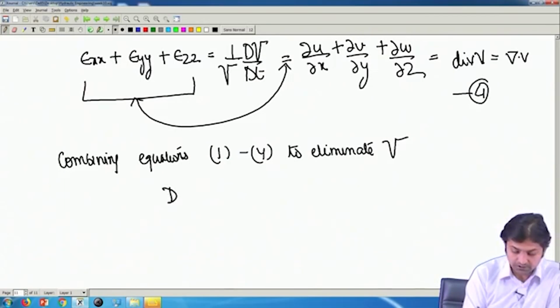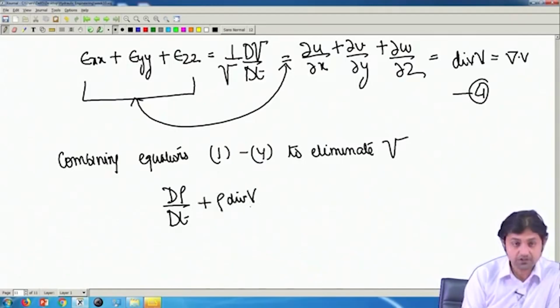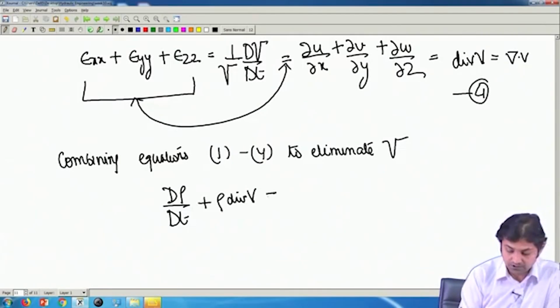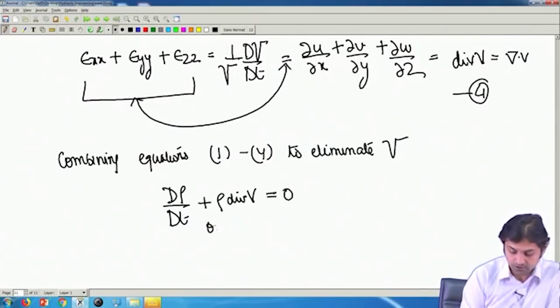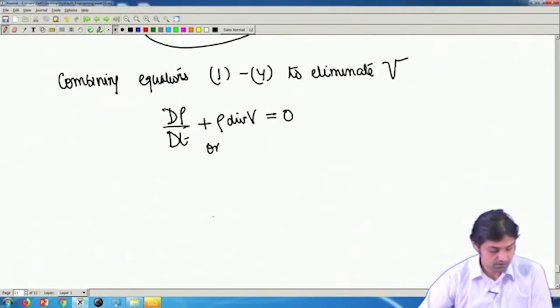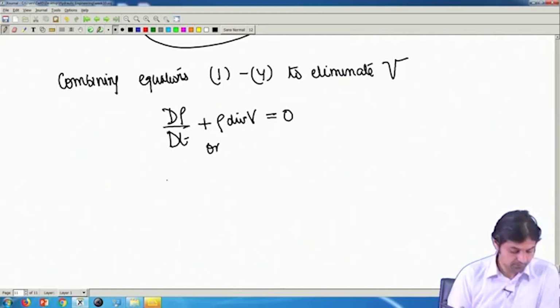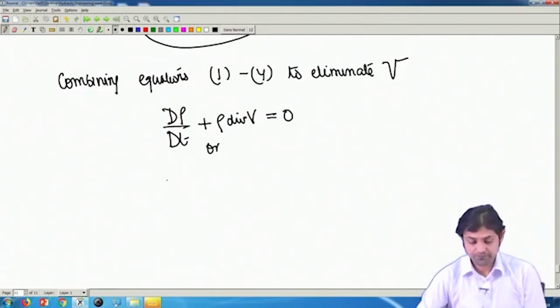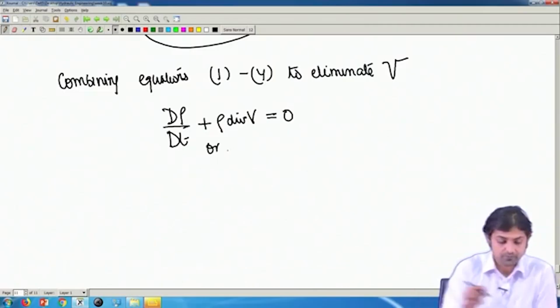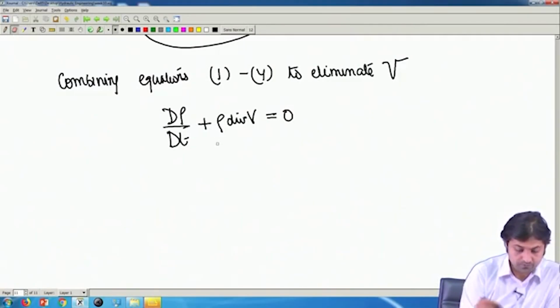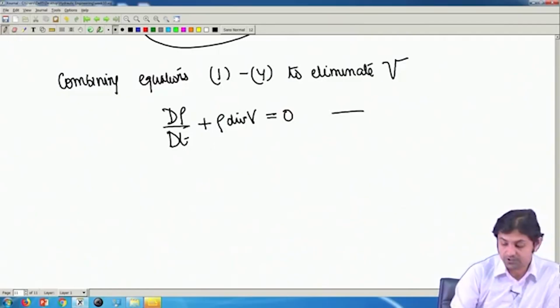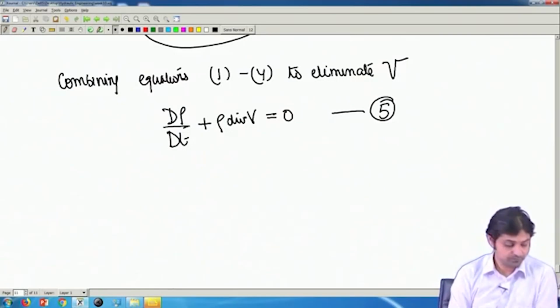We are going to get d rho/dt plus rho divergence of V, so this is velocity V, not the volume V, is equal to 0. So, this is equation number 5. All right.